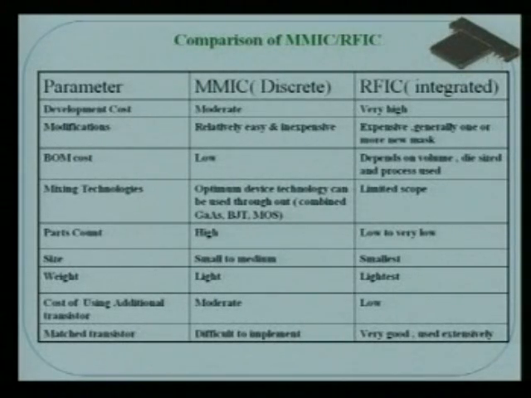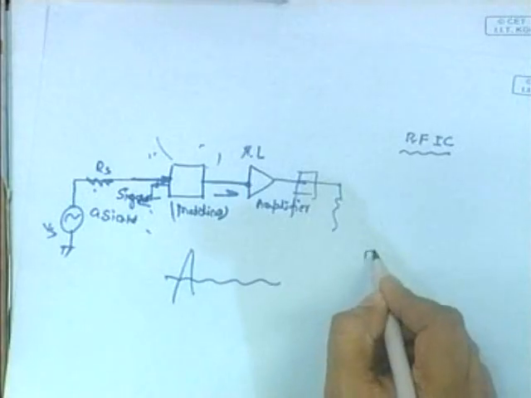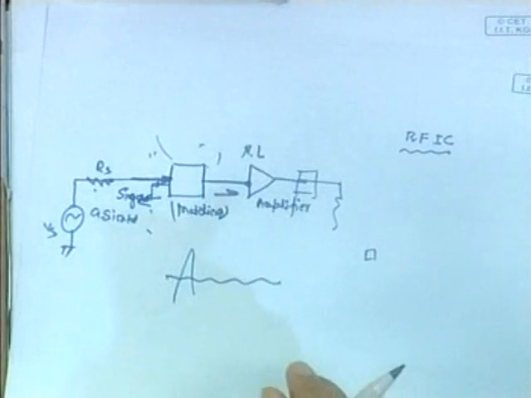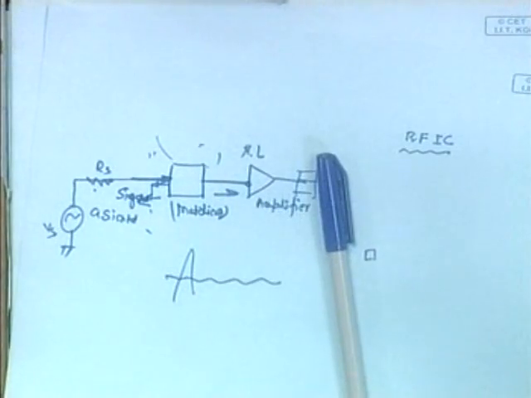For example, I want to design a complete transceiver where the die size is 2 millimeter by 2 millimeter. Mind it, 2 millimeter by 2 millimeter is the die size, and you have to have the complete transceiver so that I can integrate it on my watch and have a cell phone, a mobile TV, and a WLAN and Bluetooth too.